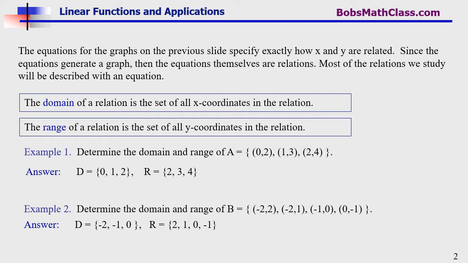And the range is 2, 1, 0, and -1. You could put it in order. I didn't put it in order for the range. I probably should have. It's not wrong. It just doesn't look good. So the domain I wrote in order from least to greatest, but the range I didn't. It just looks bad. Now I have to live with that.